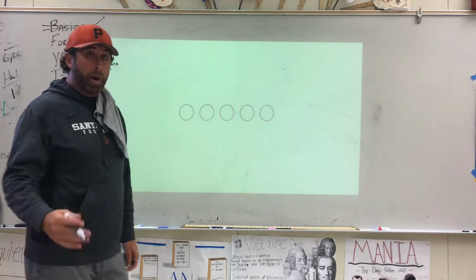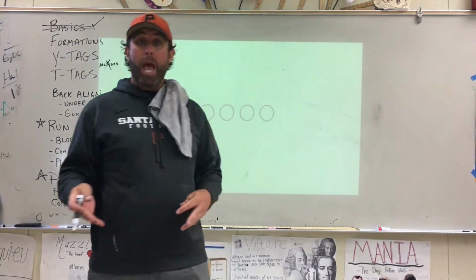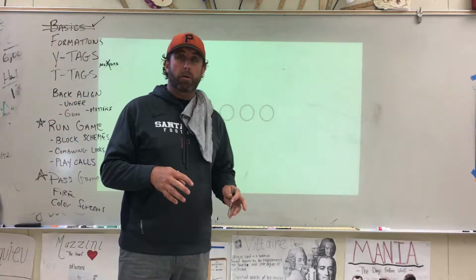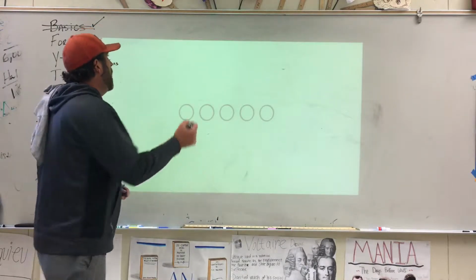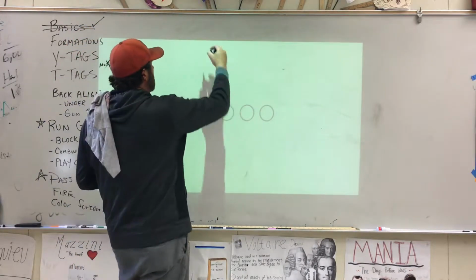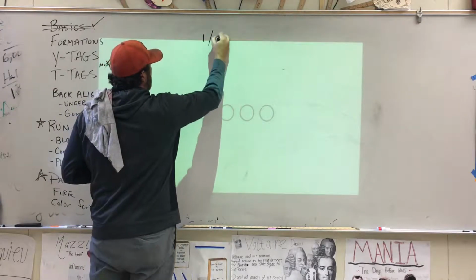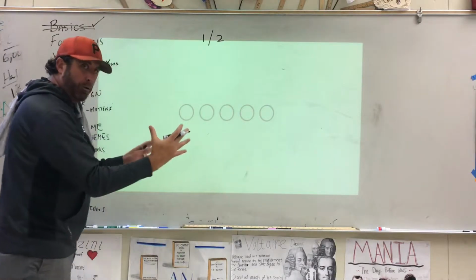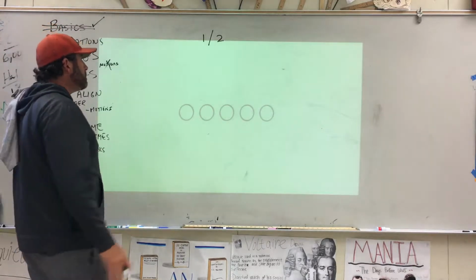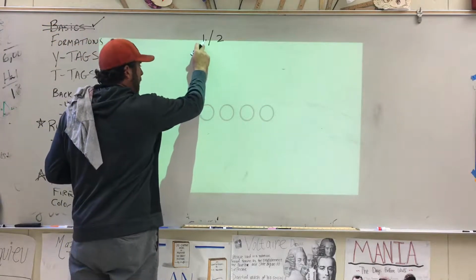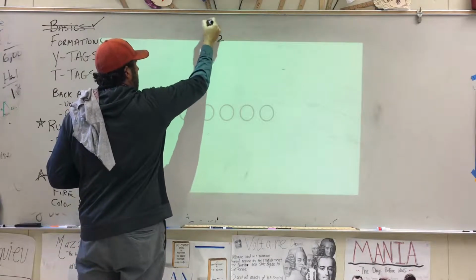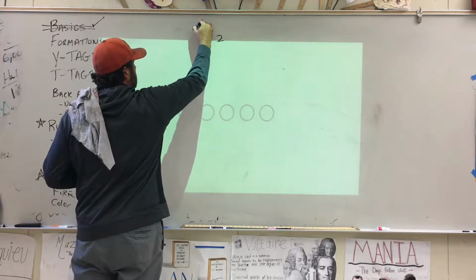Our formations are numbered 1 through 10, and then we have some formations that are by words. So let's look at the numbered formations first. Generally speaking, the smaller the number, the tighter the formation. And also, if it's an odd number, you're going to have more receivers on the left.